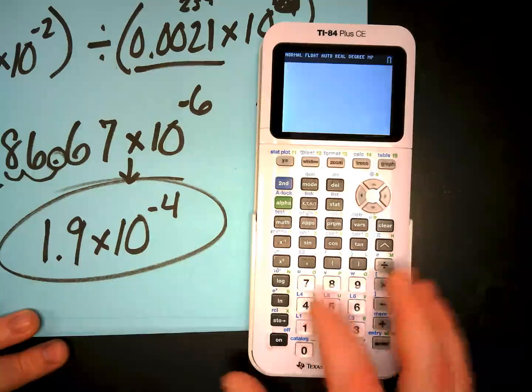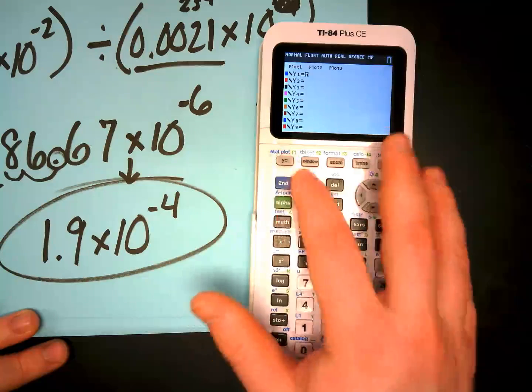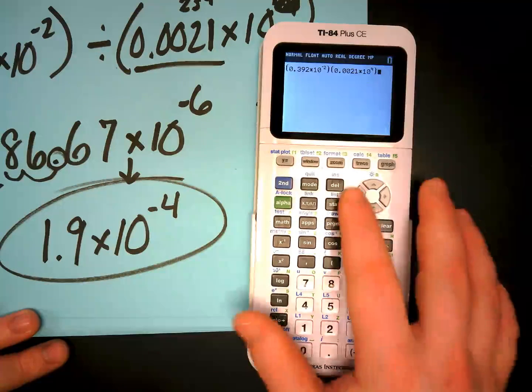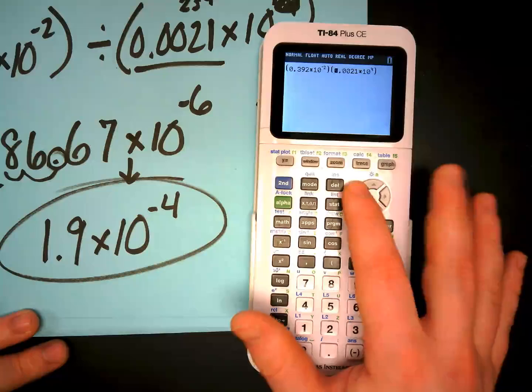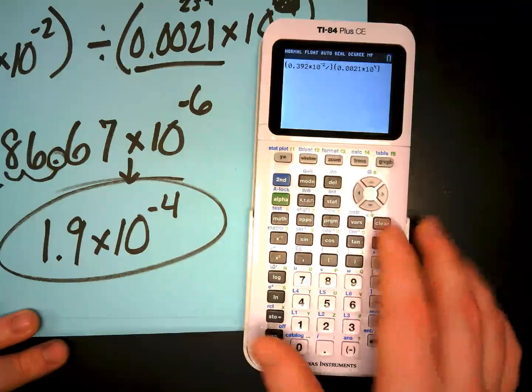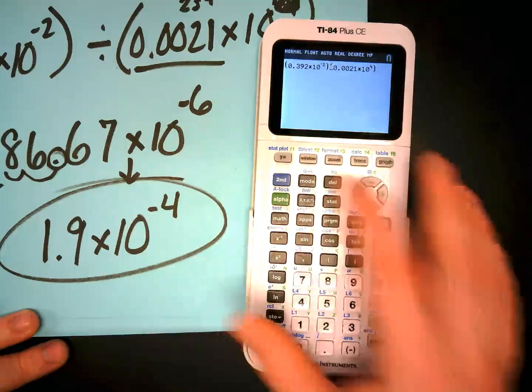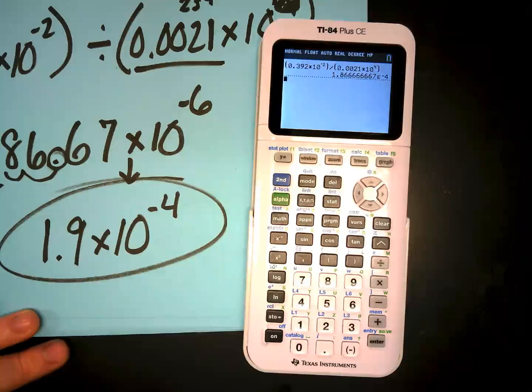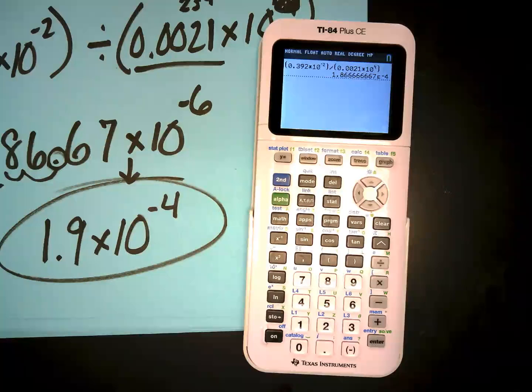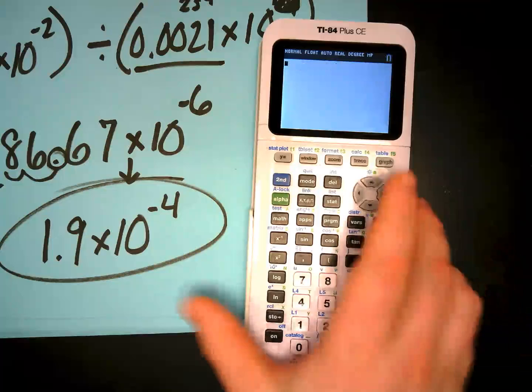My bad. There we go. And then we would have our answer there. So we would have 1.86 repeating times 10 to the negative 4th. We would clean that up and make it 2 sig figs, which would be 1.9 times 10 to the negative 4th power. Okay.